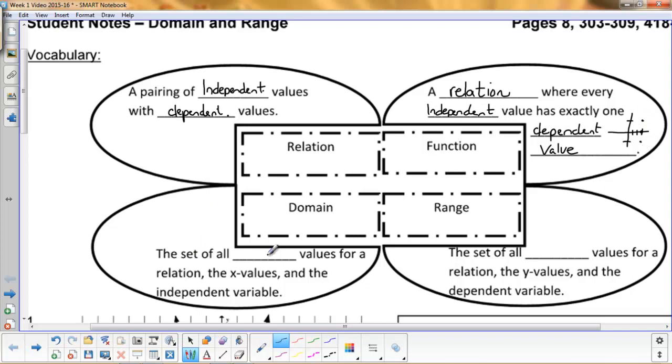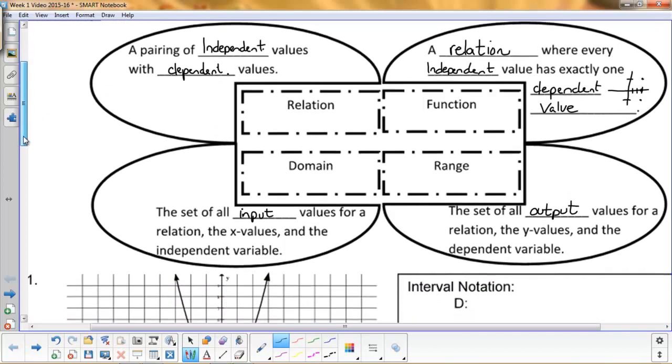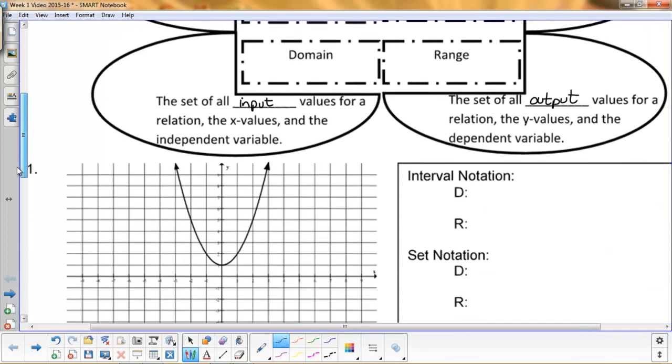Alright, your domain is a set of all input values. Your range is your set of all output values. In just a few minutes, we're going to take a look at some different examples.